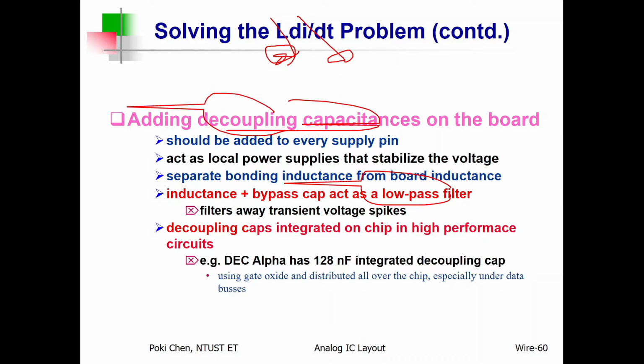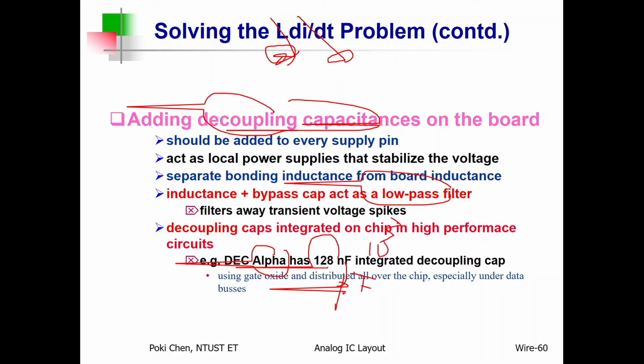It is required for high performance circuits, just like DEC Alpha. It has 128 nanofarad. Wow! It is nano instead of pico. Nano actually is 3 orders larger than pico.